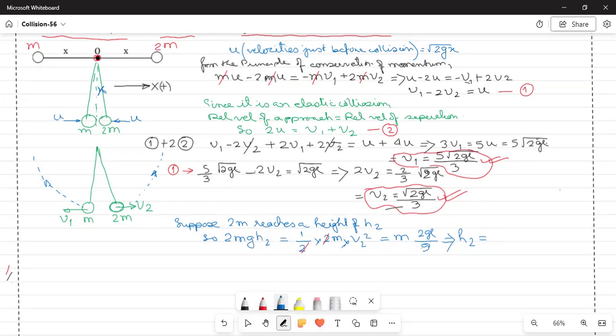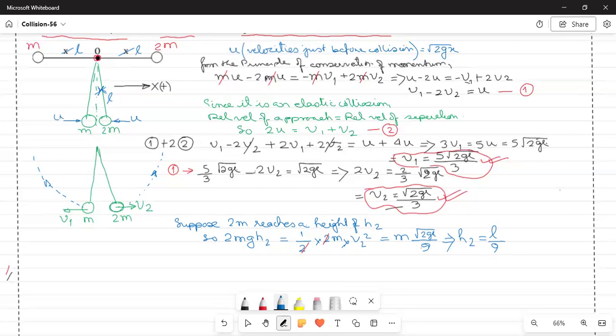Actually, in this particular problem, we have taken this as X where we have written L. So let's continue with root 2GL, and this one as L. The X and L got interchanged. So H2 is equal to L by 9.